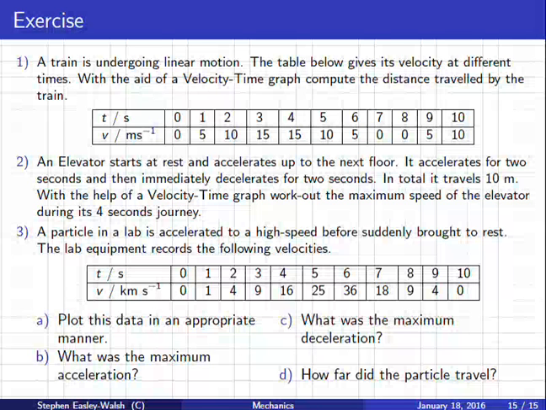Right, so what we have here is a table, and I'd like to plot this table and get the distance, the acceleration, and the deceleration. So what I want you to do first is just copy this table, please.